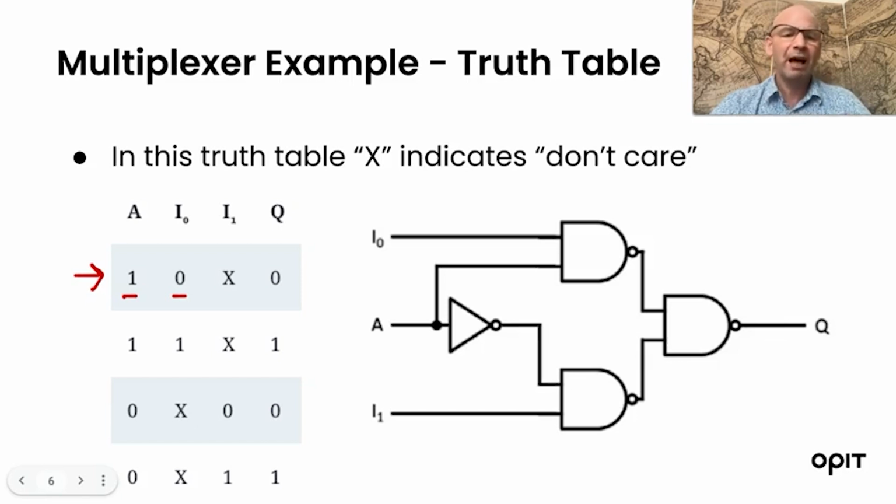Let's start plugging in values to see what happens. In this example, we're going to plug 1 into A and 0 into I0. If we go to our first gate, I0 will be represented here as 0, and A, if we follow this path, will be a 1.